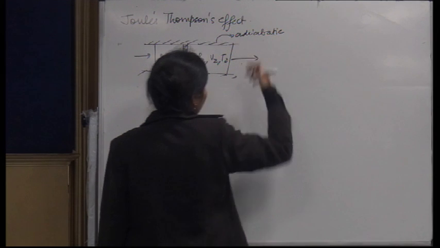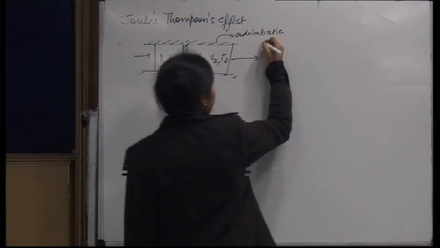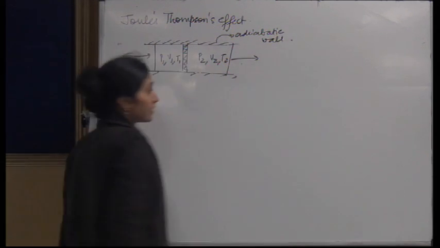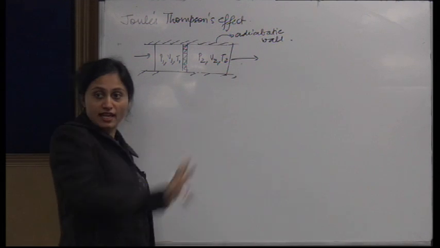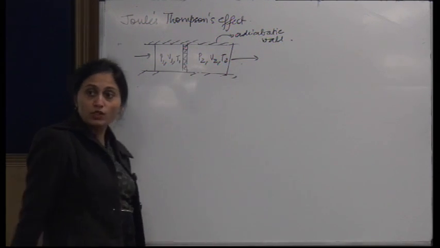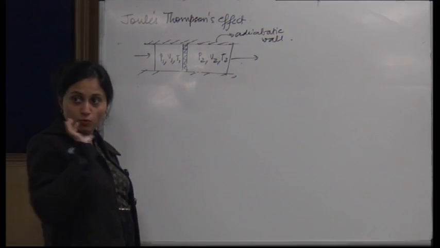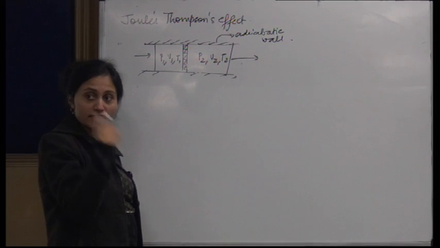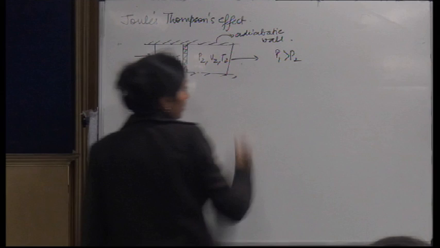Just get some hang of how the experiments are done. Pressure is put from this side to the other side. Which will be higher, P1 or P2? P1, because whatever is getting pressed will be on this side. So remember that here P1 is greater than P2.